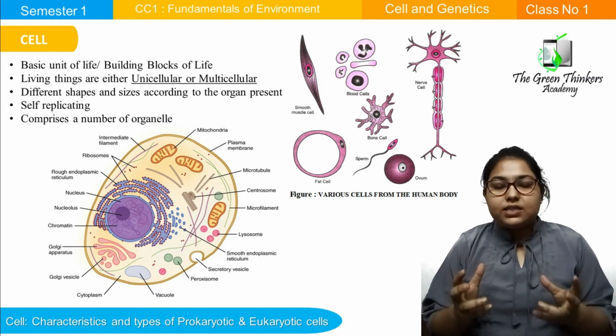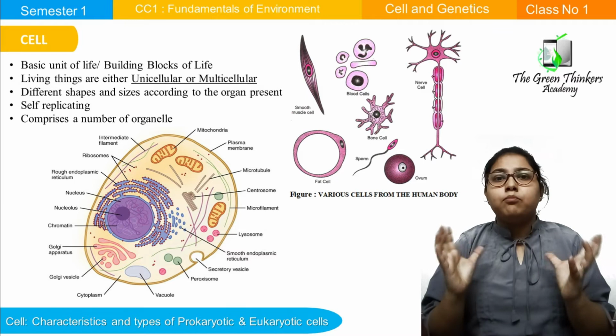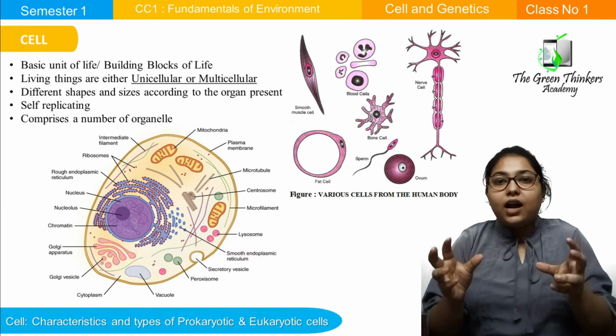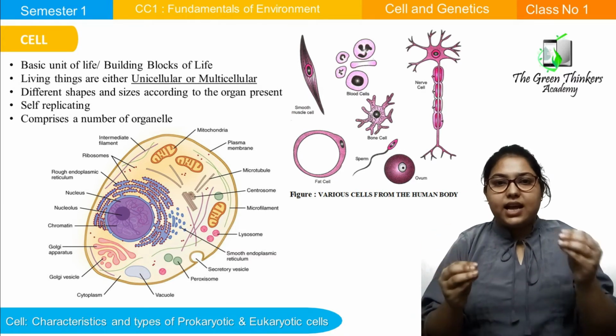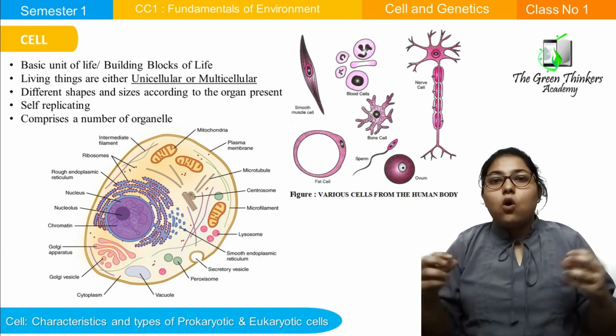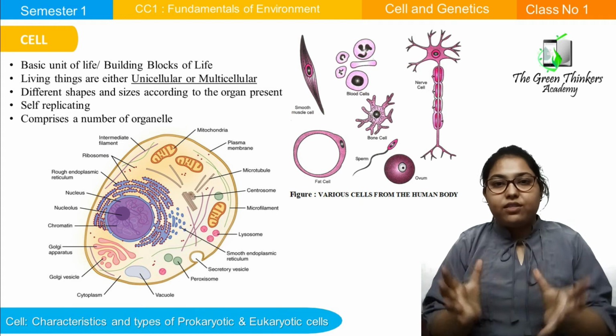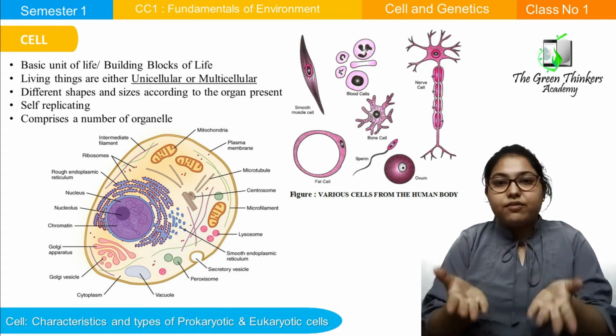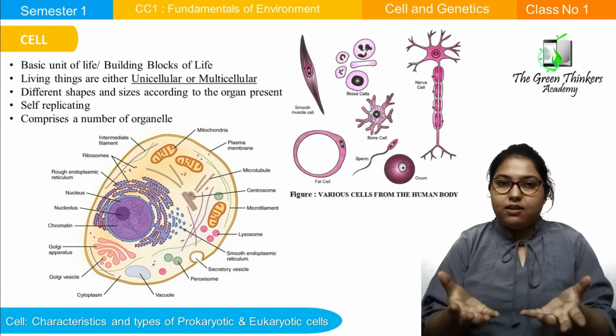So basically we can say the cell is the body of a car, and the car has different parts: the brakes, the accelerator, the engine, the gear. So these organelles are all these components which together drive the cell.